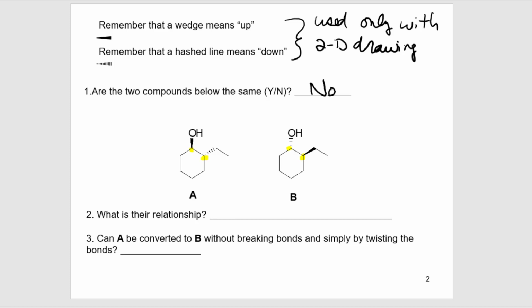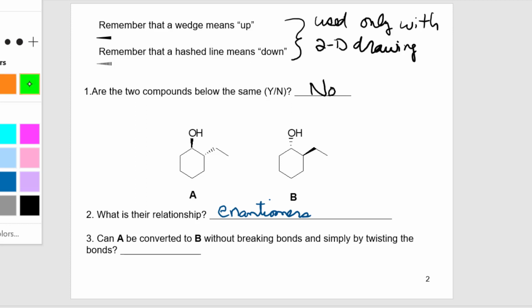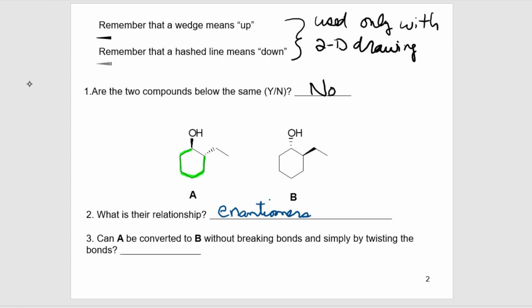So what are they? They're a type of isomer, specifically enantiomers. Enantiomers are mirror images. Now, I think the quick and easy way to distinguish enantiomers is when you draw the carbon framework. So the carbon framework is here.